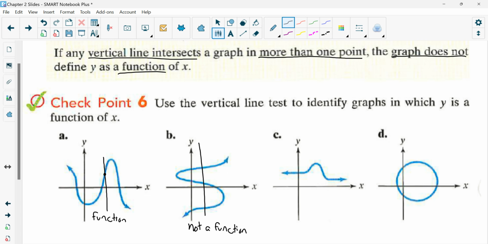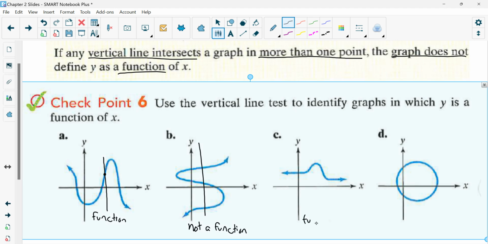You talk with your partner. All right, good. C is a function. No matter where you draw it, you would have the vertical line cross at one spot. D, right there, is crossing twice, so it's not a function.